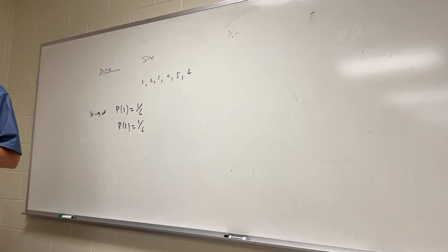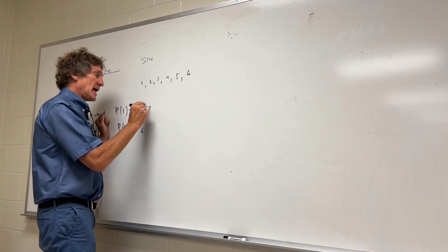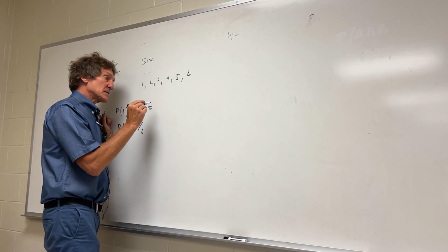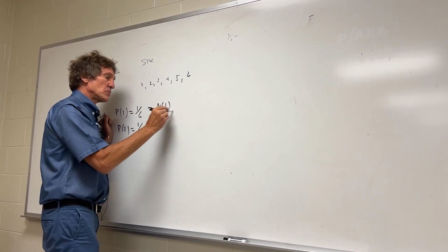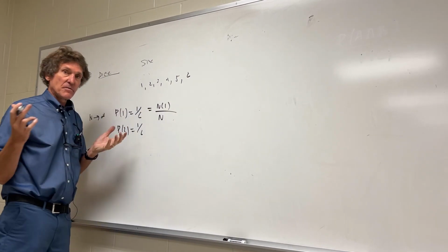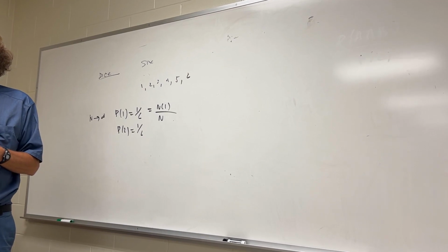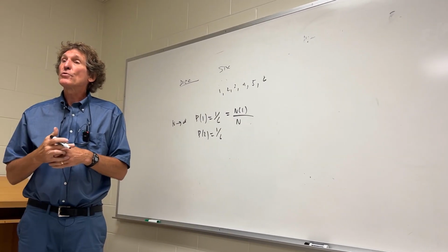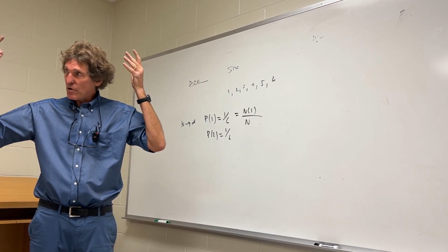Now I'm showing you what the likelihood is after a large number of events. What this probability of 1 really has to do with is the number of 1s rolled over the number of total events possible. That's all I'm showing you. You all follow me? It's really a frequency divided by the total number of events, or how many times a certain event occurs over the total number possible.